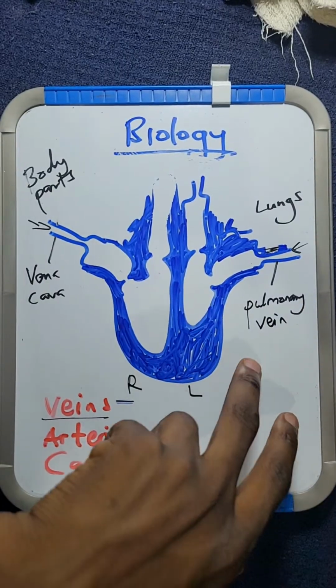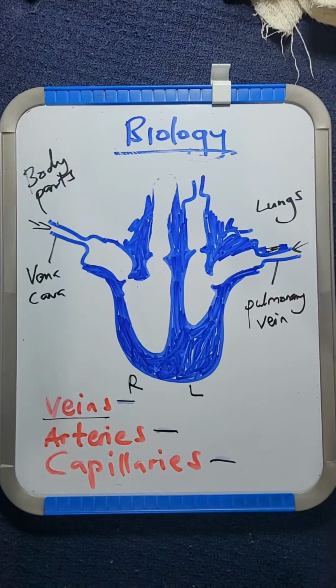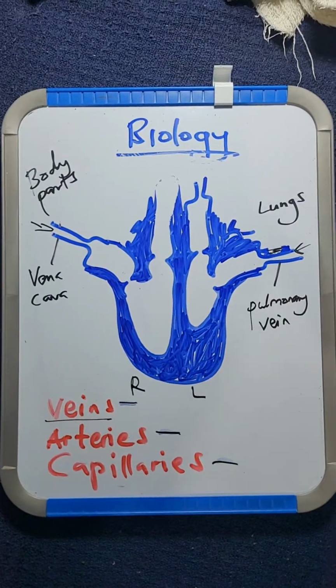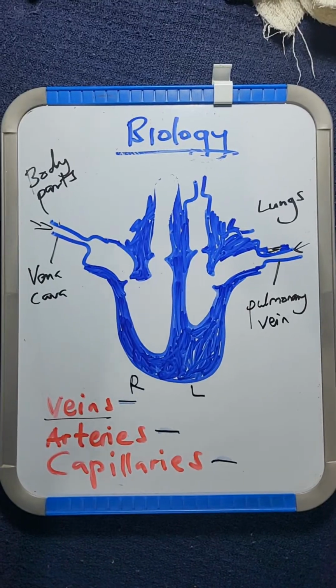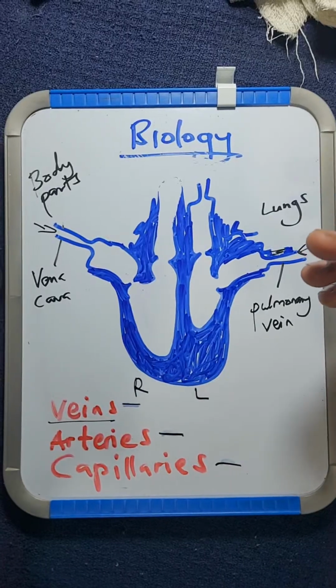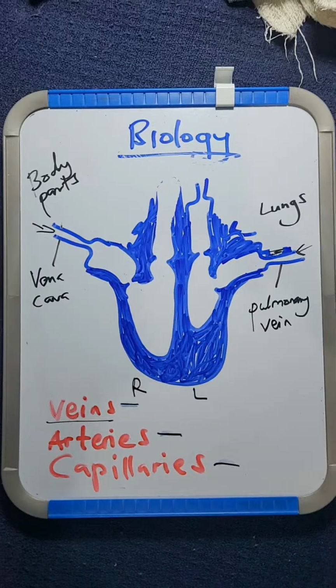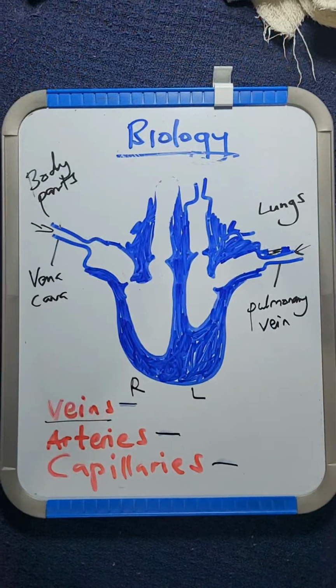So one vein brings blood to the heart from different parts of the body, which is the vena cava, and the other brings blood to the heart from the lungs, which is the pulmonary vein.